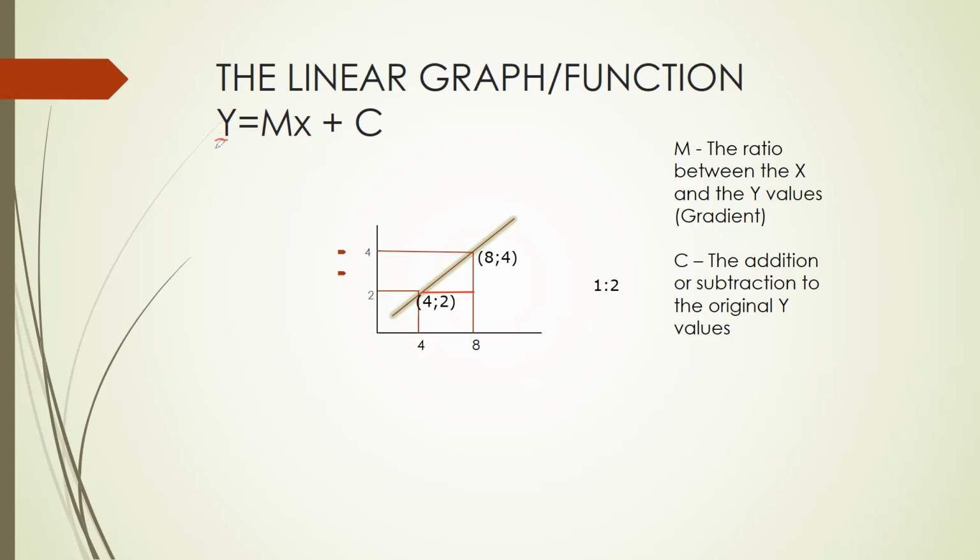Otherwise, if your y value is 2, then 2 would be equal to mx, right? In this case, our x is 4. So 2 is equal to half multiplied by 4, or 2 is equal to this 4 over here being divided by 2. Right? Okay, let me start afresh.